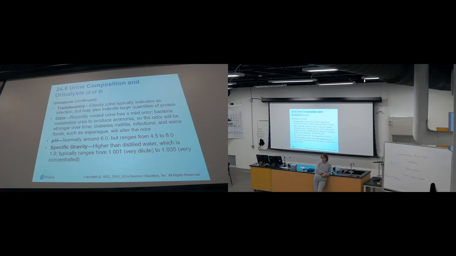So, why do you think the urine is acidic? What is the physiological purpose? Why do we want to have acidic urine? Especially as you flush it out of your body. To get rid of what?